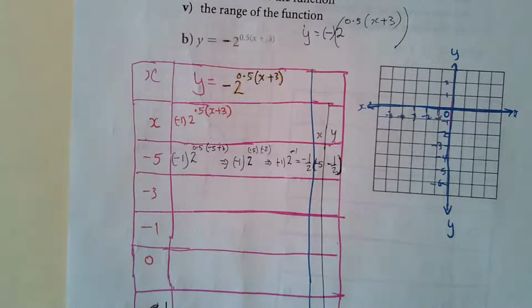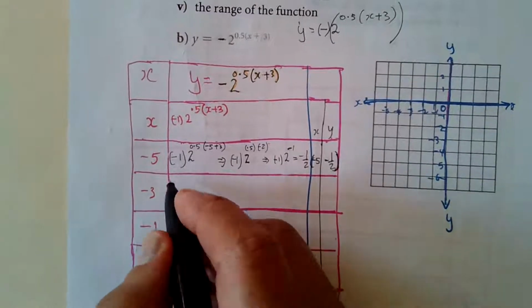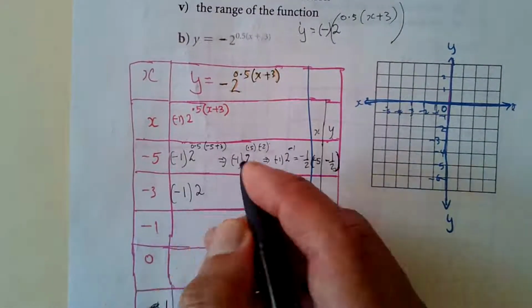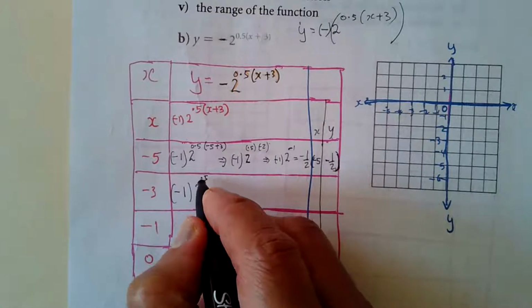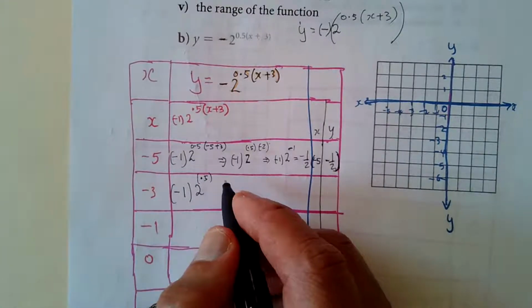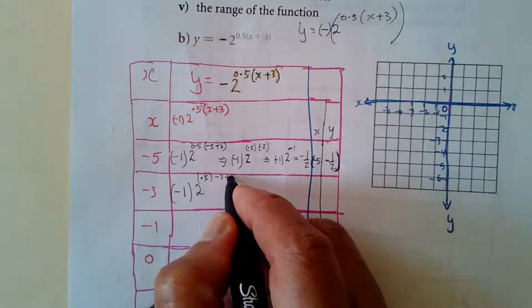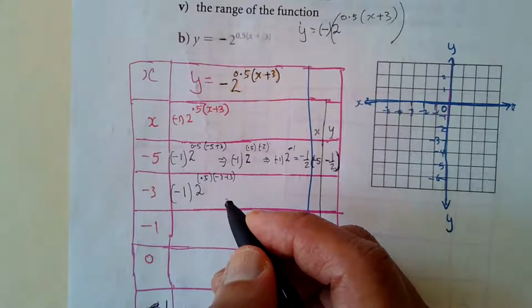Now, our next step is to continue. Here we have -1 times 2 to the power of -3 plus 3. It will give us 0.